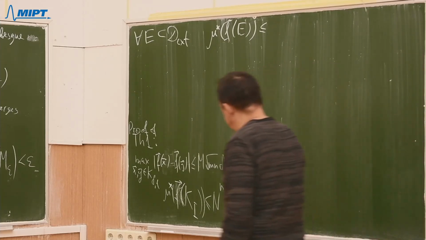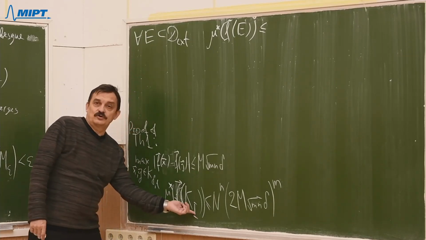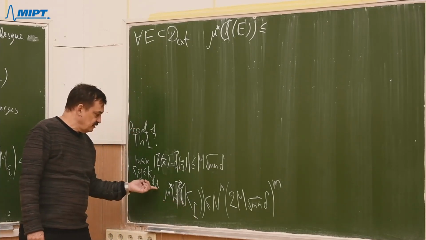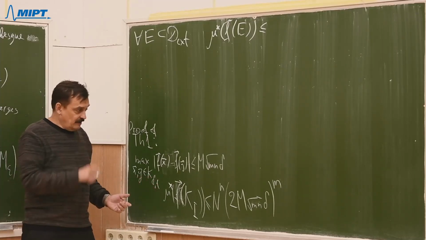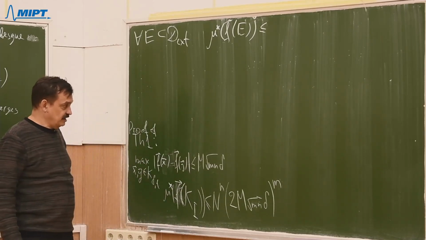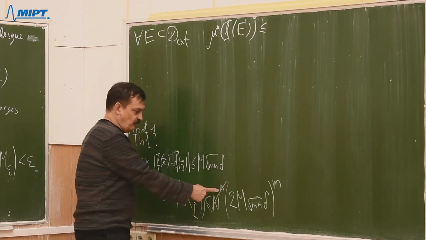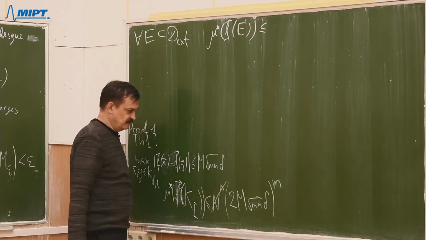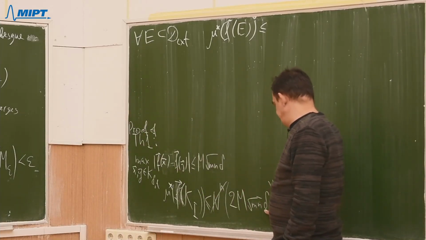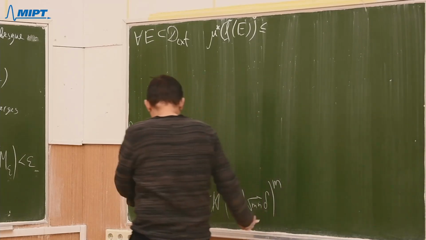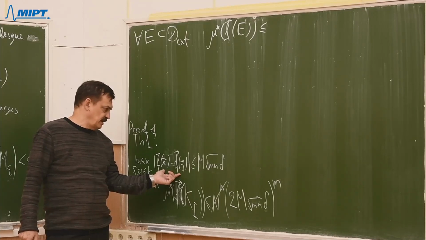And now look, instead of the cube K_i, I can consider an arbitrary set. What do we need to change? This was the number of cubes, small cubes, so I don't need to put it. And this was precisely the estimate for the maximal distance between x and y.